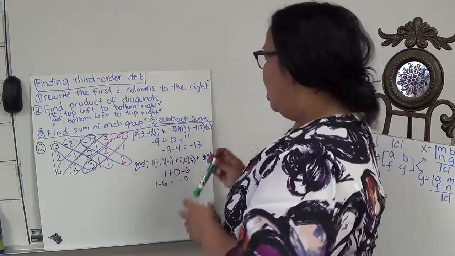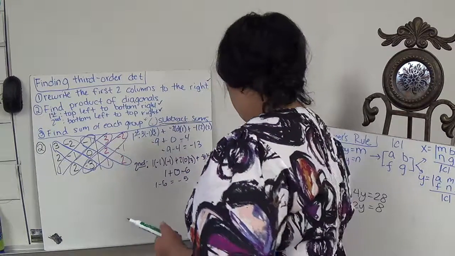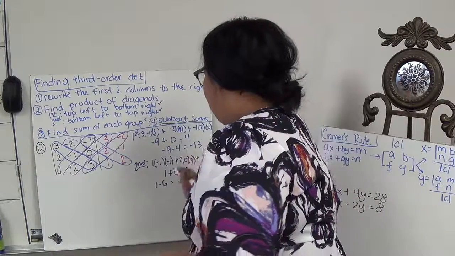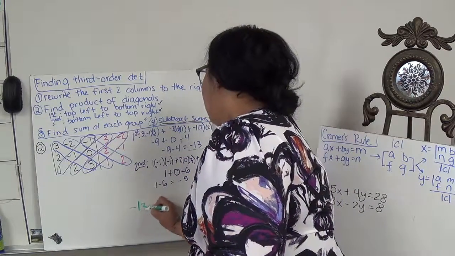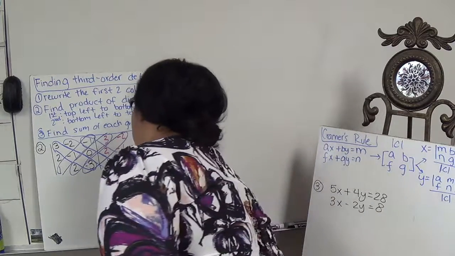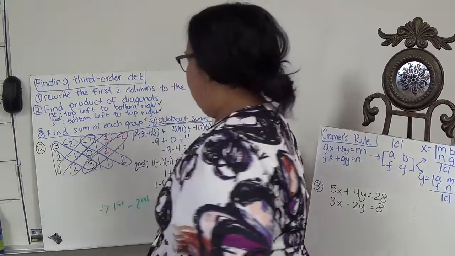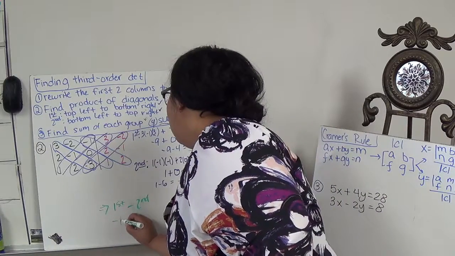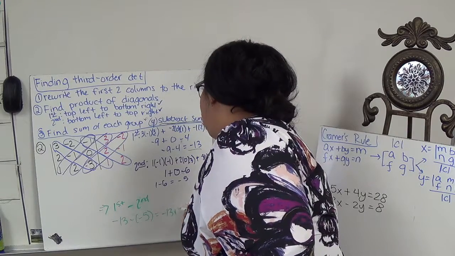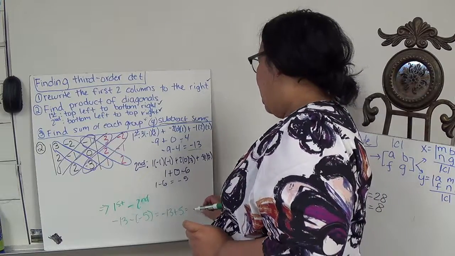I'm going to take the first sum, -13, and subtract the second from it, first minus second. So I'm going to do -13 minus -5, which is -13 plus 5, which is -8.